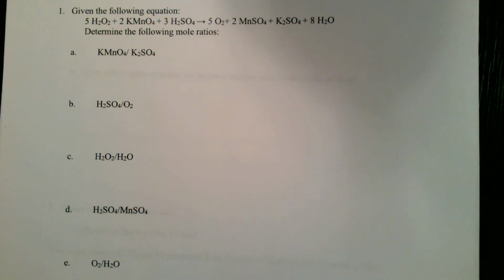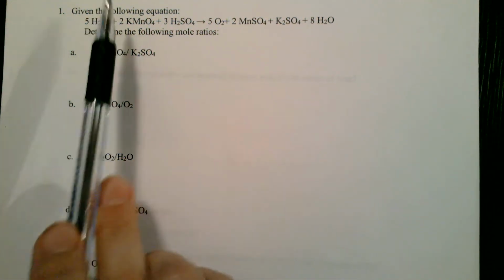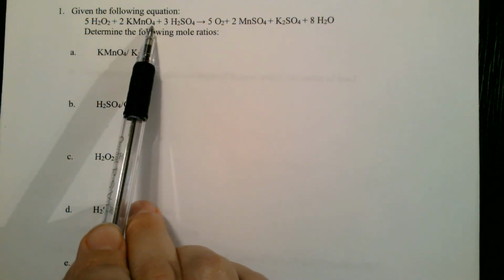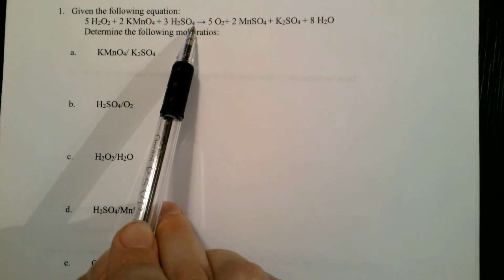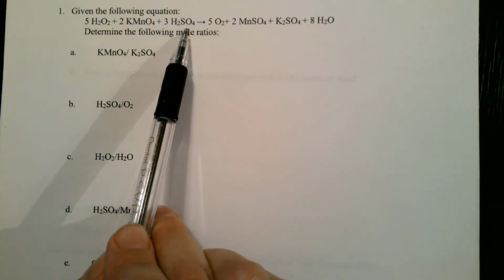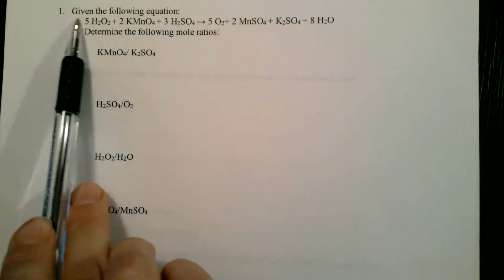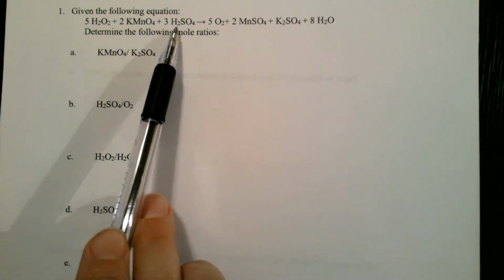Okay, so to start off this chapter, we're going to revisit mole ratios. When we looked at them in Chapter 6, we were comparing our subscripts, like 2 moles of hydrogen are needed and 4 moles of oxygen to make this compound of H2SO4. We can use mole ratios in a chemical equation by comparing the coefficients.